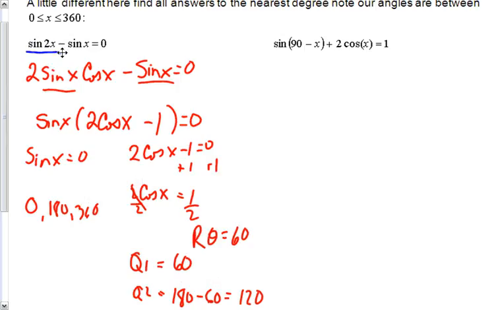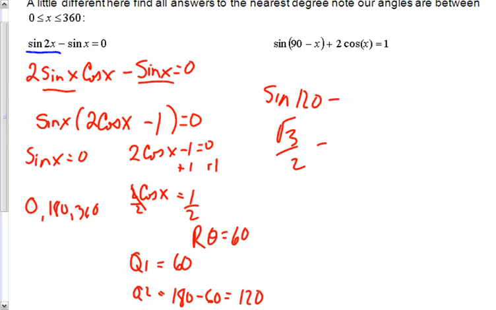Sine of 120 is the same as the sine of 60, and the sine of 60 is radical 3 over 2.